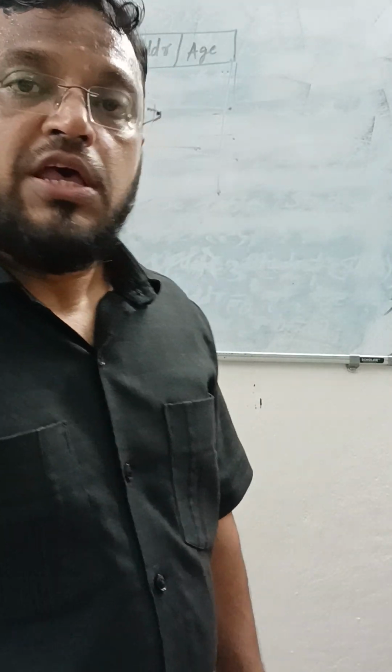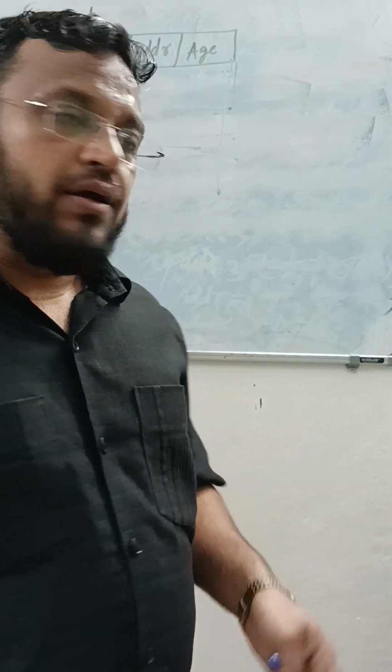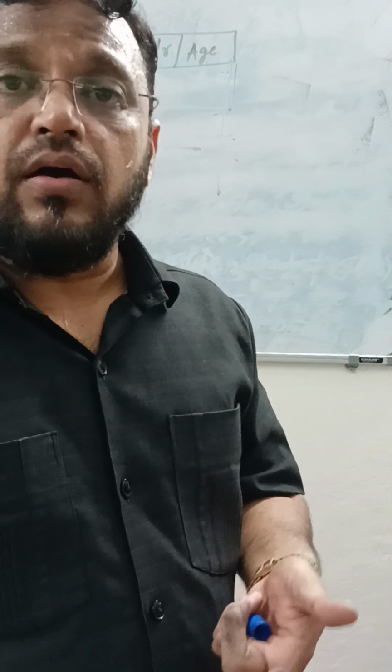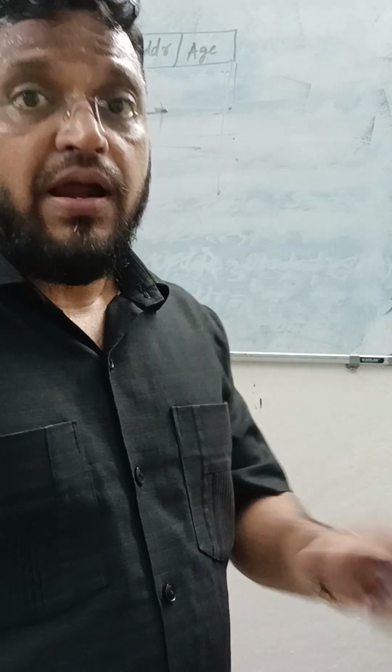So what can we do? We can write a delete command to remove just this third tuple. In the where condition, we will add roll number is equal to 3, so that only that information is deleted.